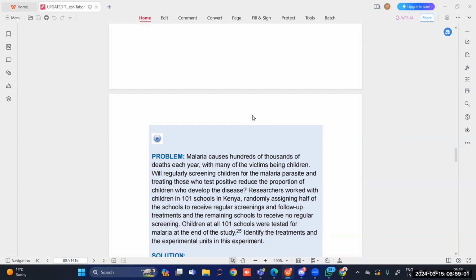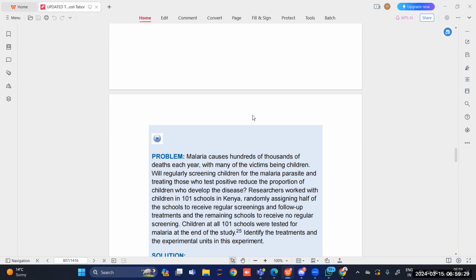Will regularly screening children for the malaria parasite and treating those who test positive reduce the proportion of children who develop the disease? Researchers worked with children in 101 schools in Kenya, randomly assigned half of the schools to receive regular screening and follow-up treatments, and the remaining schools to receive no regular screening. Children at all 101 schools were tested for malaria at the end of the study. Identify the treatments and the experimental units in this experiment.